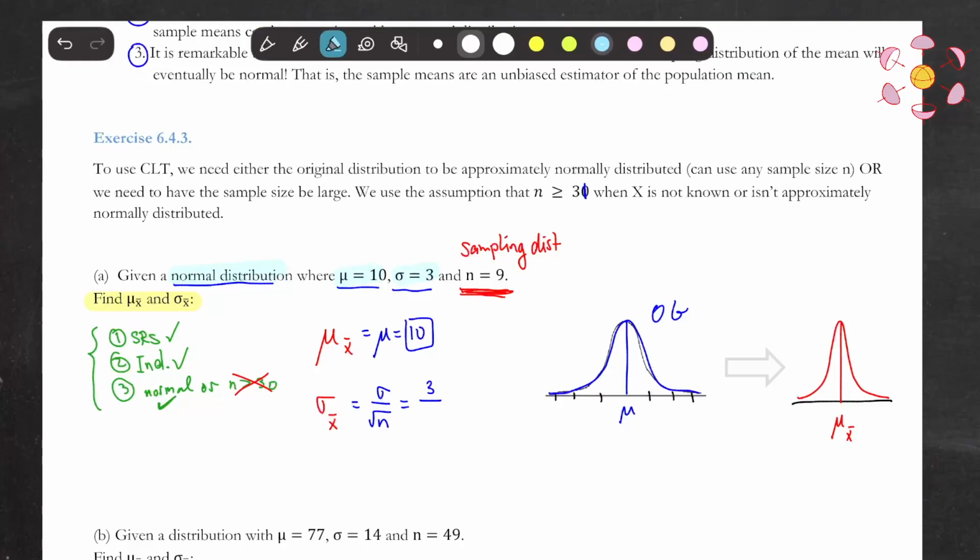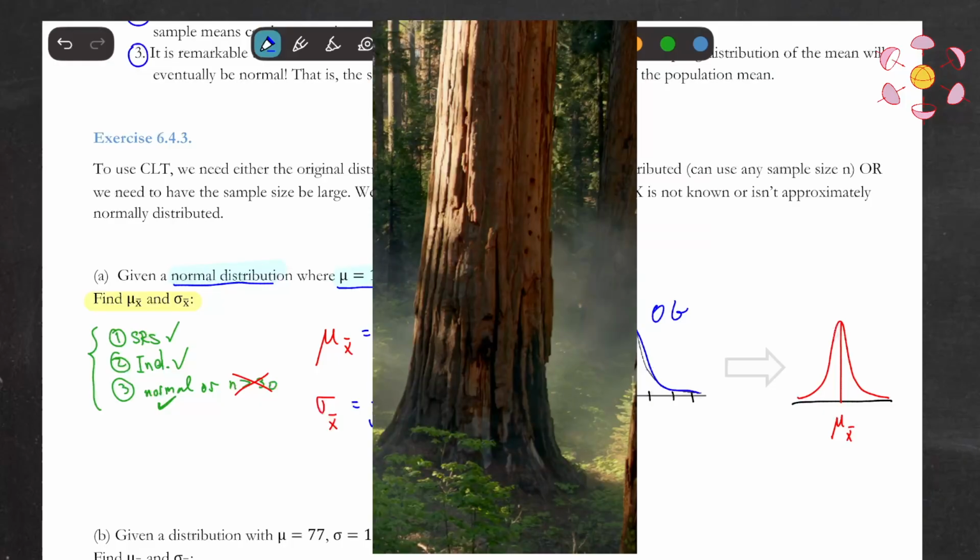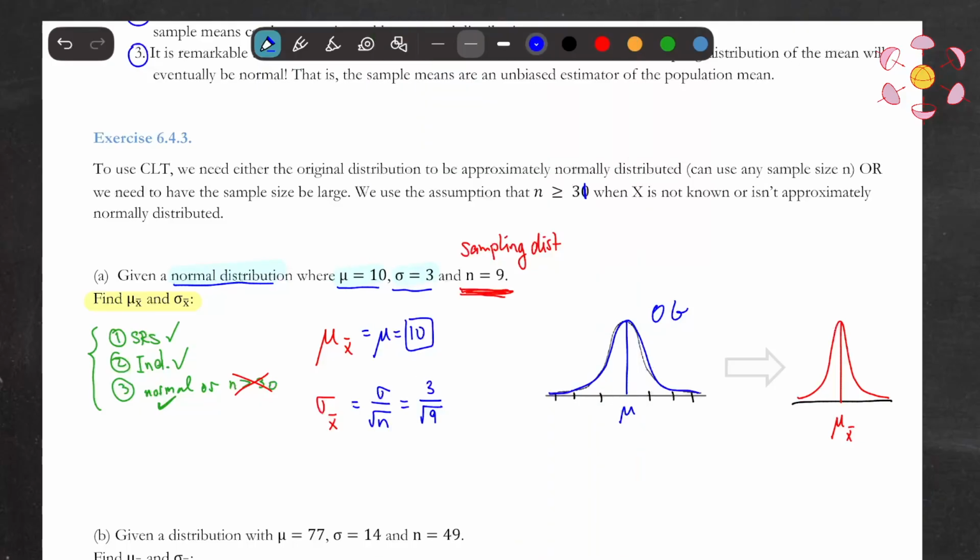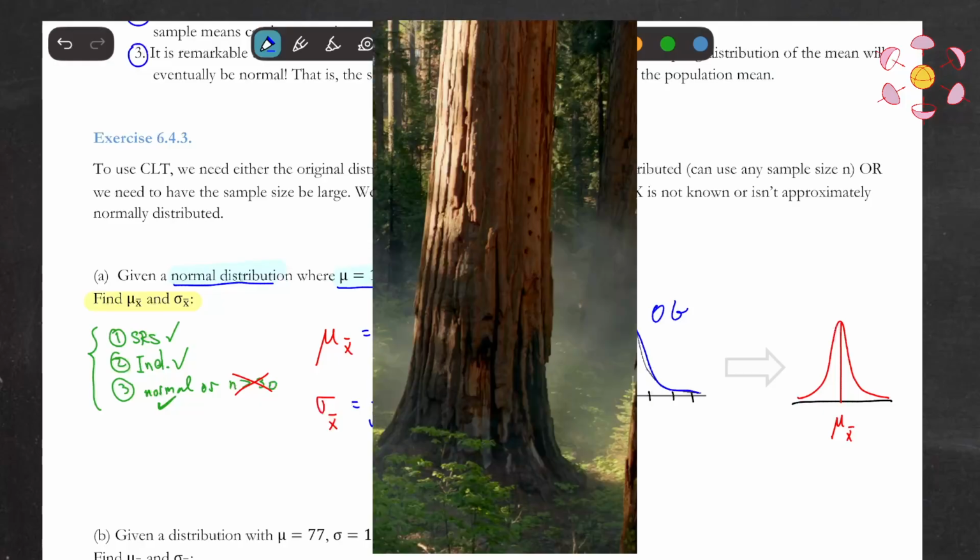Of course, I'm looking at these two numbers here. And then I have to do the square root of 9. Okay, so let's go to the calculator real quick.